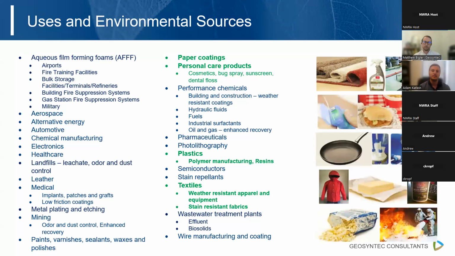And also you'll see the first bullet that Matt mentioned a little bit earlier for the aqueous film forming foams, the AFFF. These are primarily going to be at airport, fire training facilities, or military applications, and are a pretty large source that we found for PFAS contamination in general.